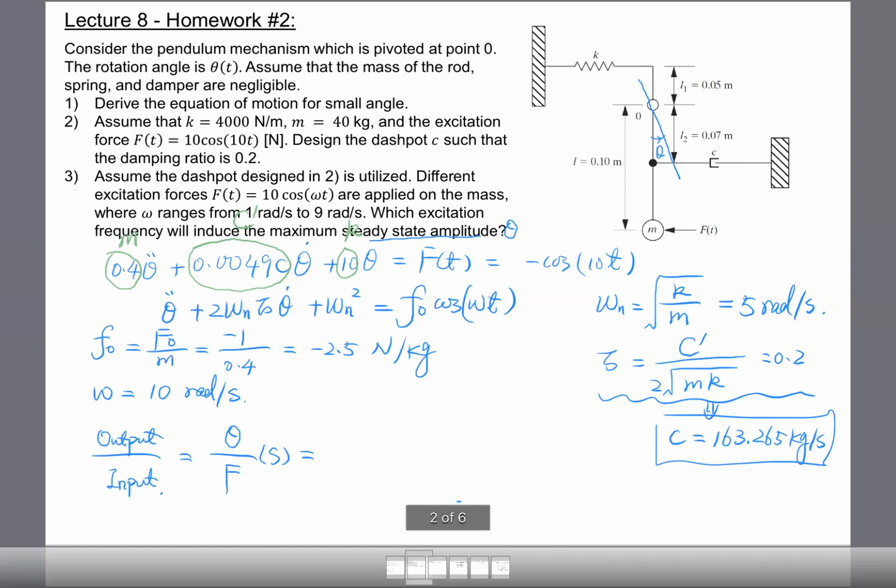To find the relationship between these, we need to find the transfer function. So what's the transfer function here? It's pretty straightforward. We just do a Laplace transform on both sides, and you're going to have 1 on top, and on the bottom s squared plus 2 omega n zeta s plus omega n squared.